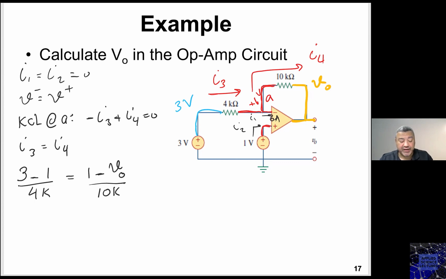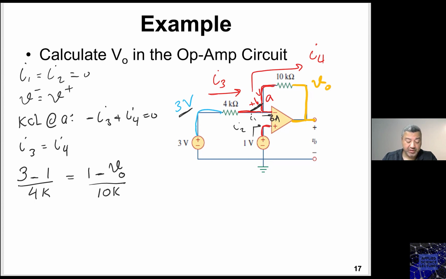The red node is not 0 here; it is 1 volt.